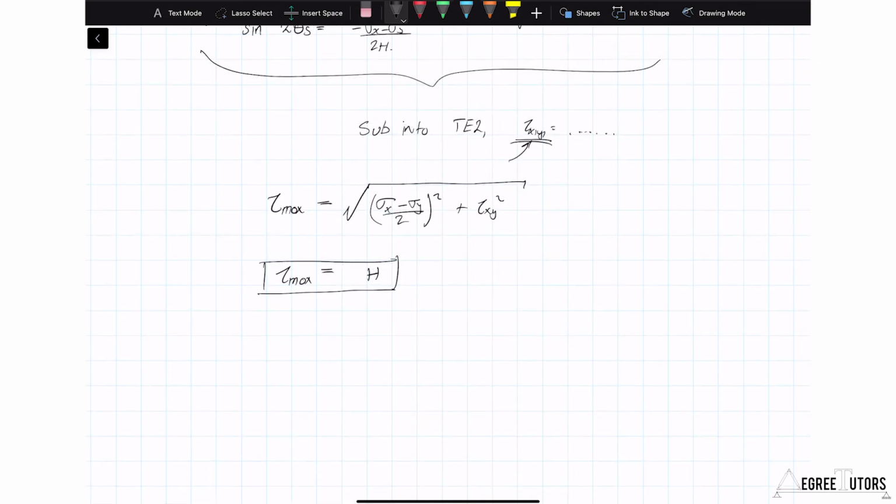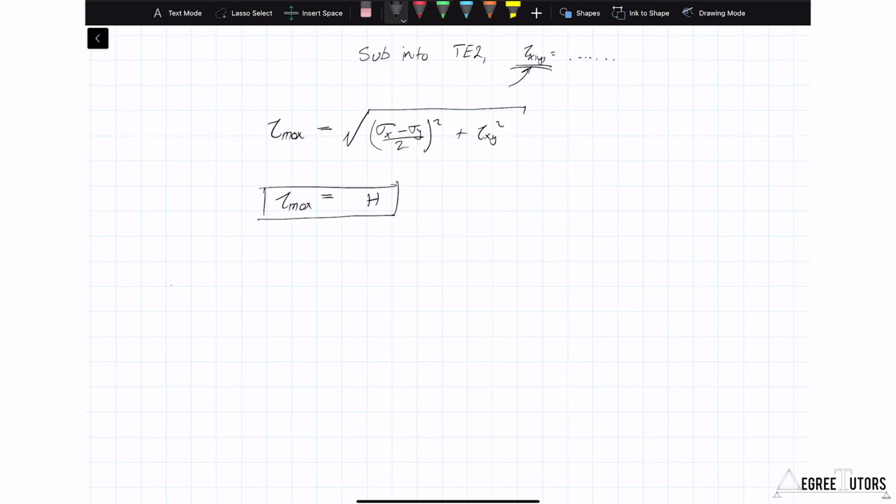Now another way to get tau max, we'll just work our way through this. Take our expression for sigma 1, which we saw previously, and subtract our expression for sigma 2 from it. So take sigma 1 minus sigma 2, what would you get?